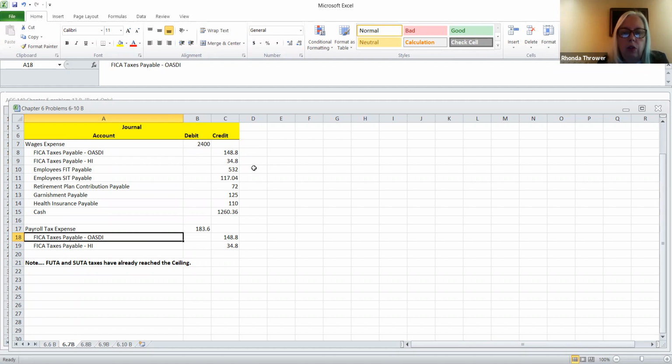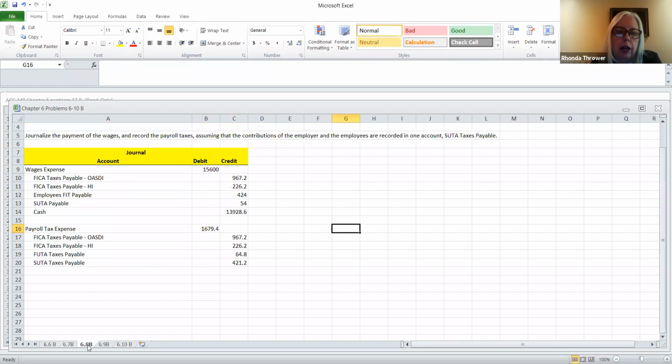And so I just copied that amount down here for the OASDI portion. It's the same. And the HI portion is also the same. So the total of these two added together is the total of the payroll tax expense. And again, because we've already reached the ceiling for FUTA and SUTA, there would be no FUTA taxes payable or SUTA taxes payable withheld in this particular problem.